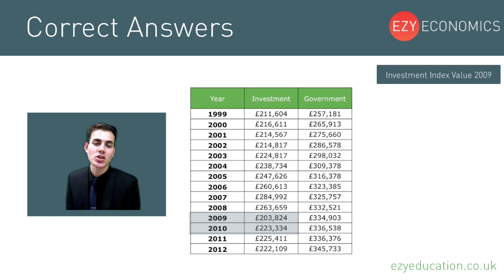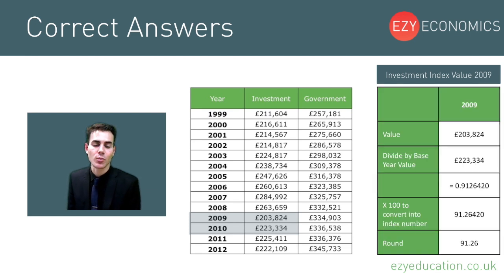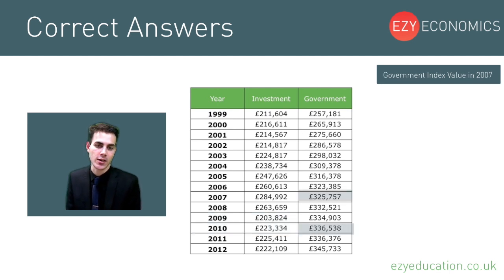Now we know the base year is 2010, so for 2009 we take the value, which is £203,824, divide that by the base year value in 2010, which is 223,334, to give us 0.912640, multiplied by 100 to convert into an index form, and that gives us 91.26420, round to 2 decimal places, and that gives us 91.26. That's the investment index value for 2009.